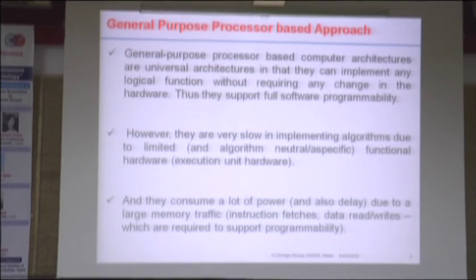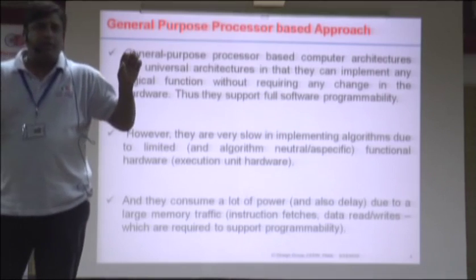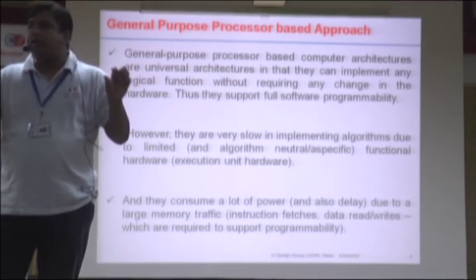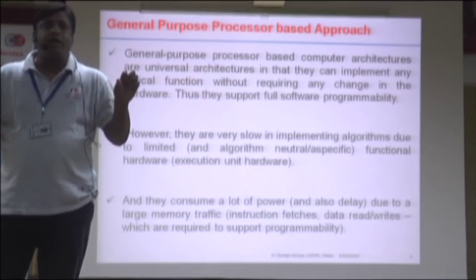But the disadvantage with this approach is that it is very slow. It will not give high performance. Why? Because this processor doesn't have dedicated hardware functional blocks like ASICs in the execution unit. For example, if you want to compute a cosine of a number in C, what do you have to do?